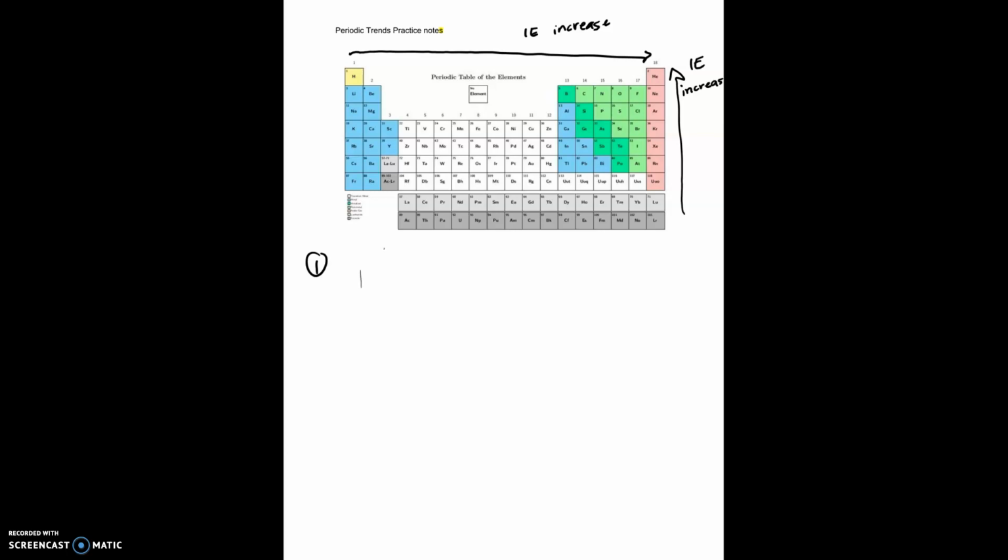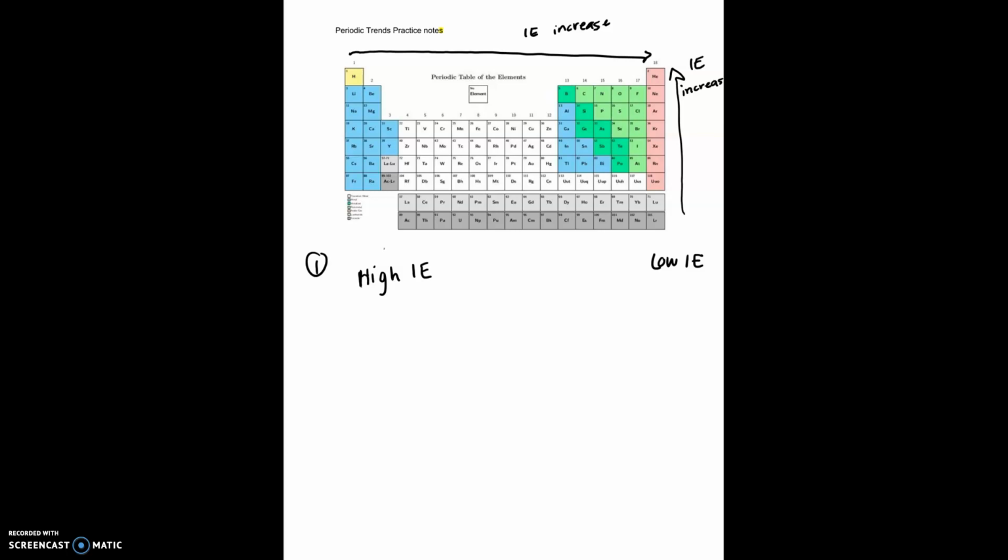We're going to put high ionization energy on the left, and then we're going to put low ionization energy over here on the other extreme.